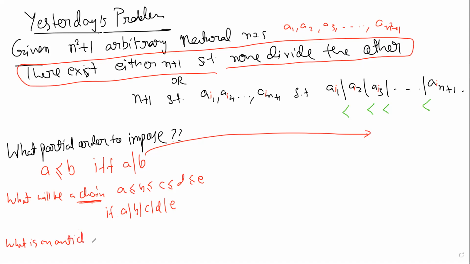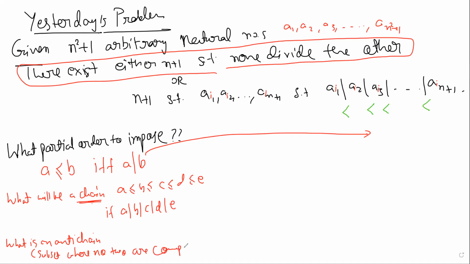An anti-chain just means you take a subset in which no two elements are comparable. Because in a partial order not everything is comparable, that's why we are looking for chains, and the other extreme is anti-chains. Anti-chain is just a subset where no two are comparable. It's just the opposite thing.